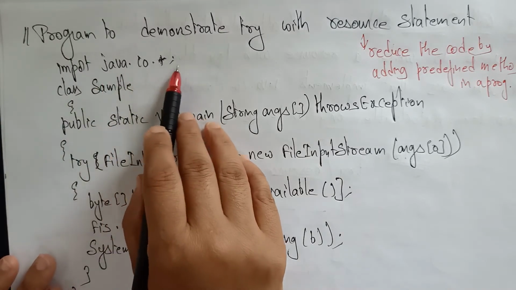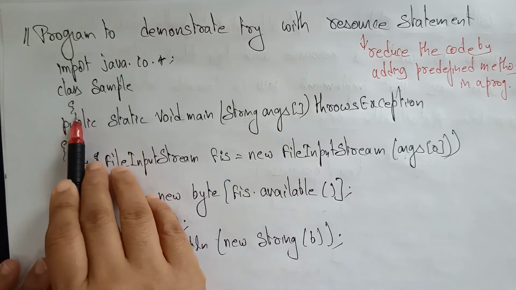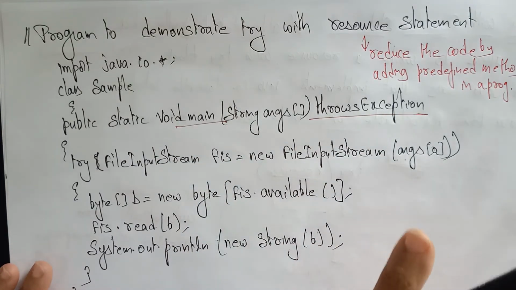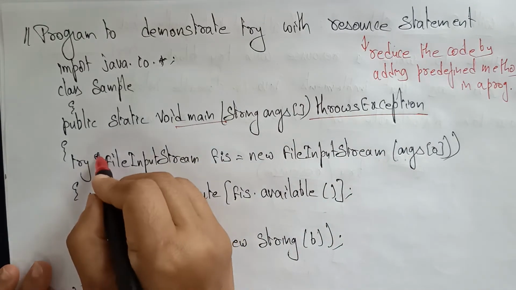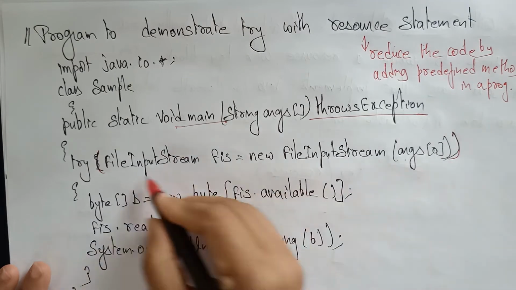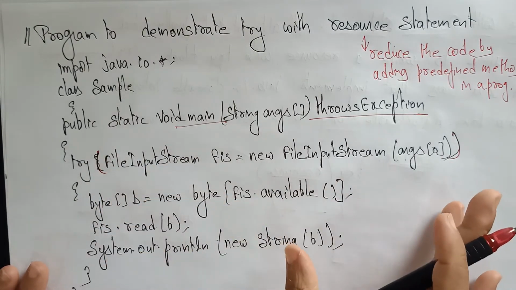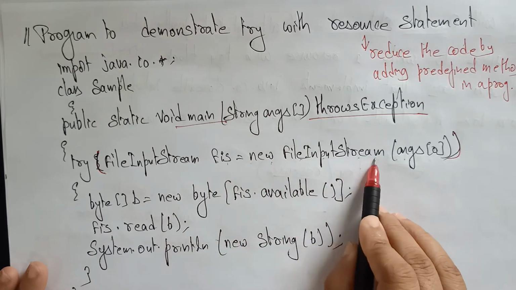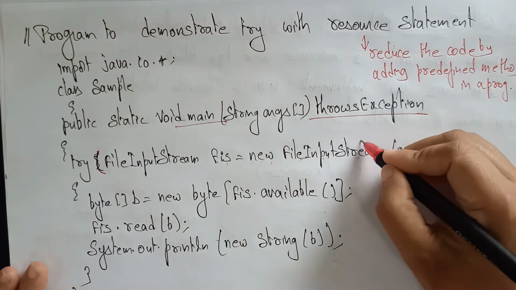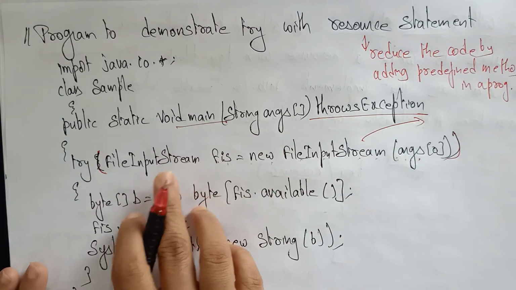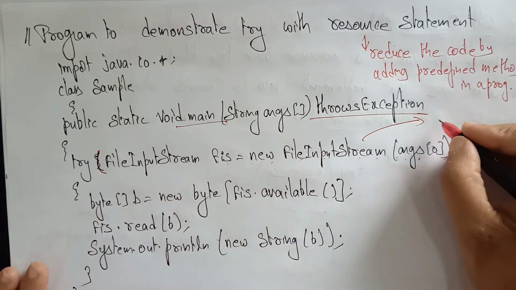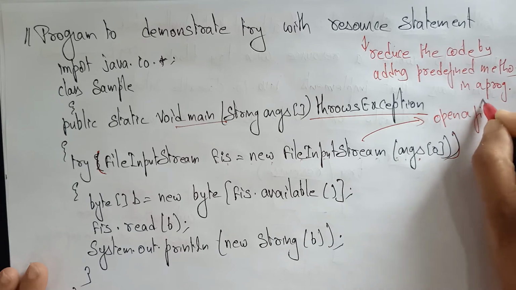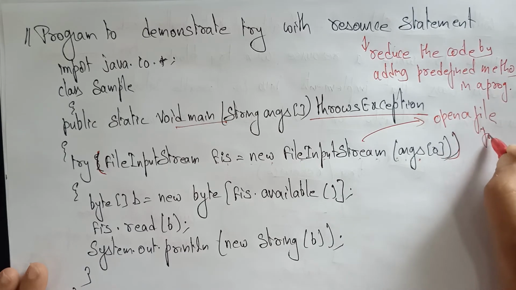Import java.io.*, class is loaded, main method called. The main method is throwing an exception. So in the try, I'm calling a resource: FileInputStream fis = new FileInputStream(args[0]). Within the try block only, I'm opening a file for reading.